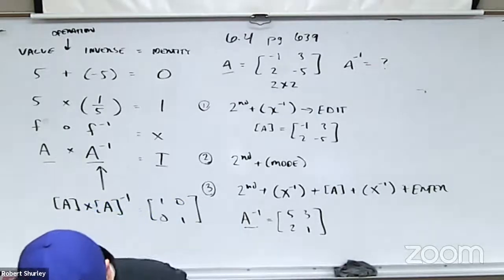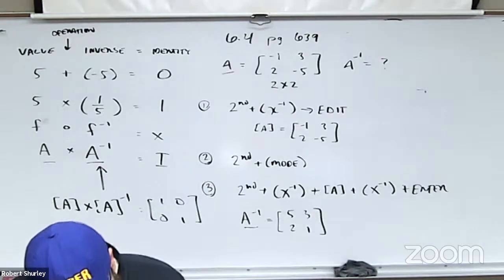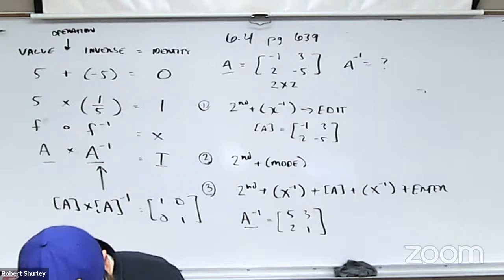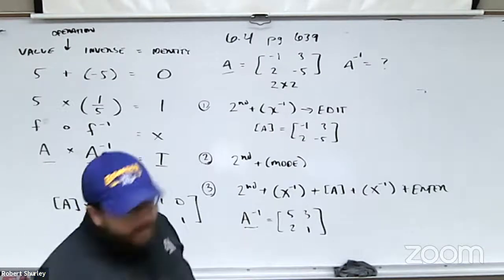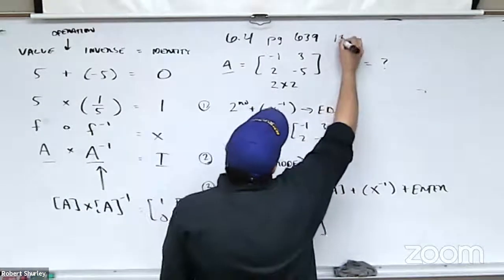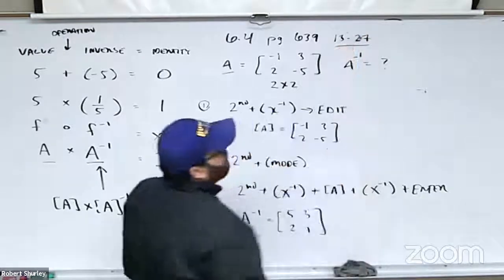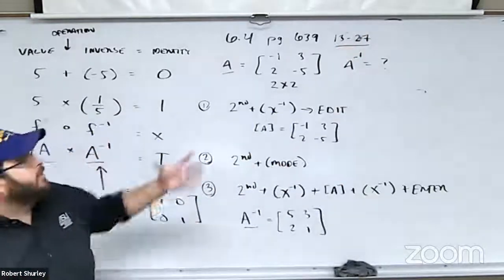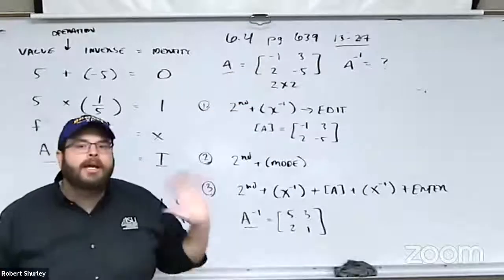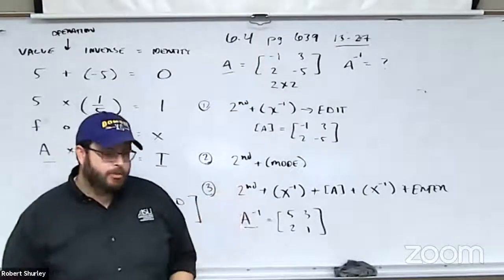It's not a lot, but it's just finding the inverse matrix. That's it. Your book goes into how to do it by hand, even in the question description, but I just want you to find the inverse matrix.